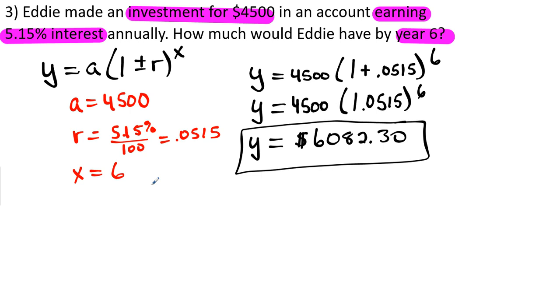So after getting our values, converting our percentage to a decimal, which again indicated that it was exponential, we plugged it all in, simplified it a little bit, and then calculated that Eddie would have $6,082.30. Again, we did the adding here for our formula because we were earning money, not losing it.